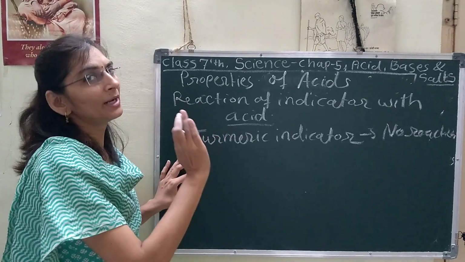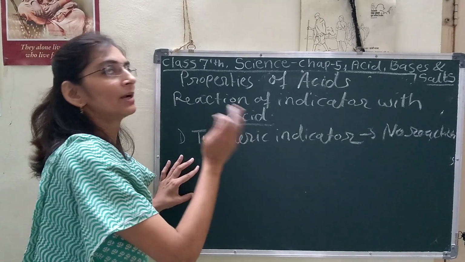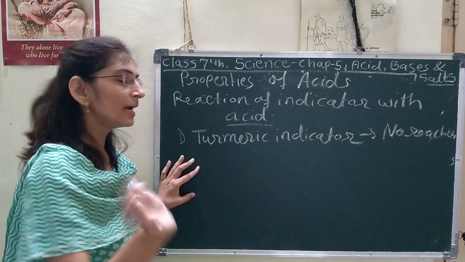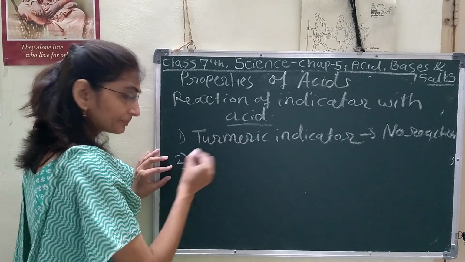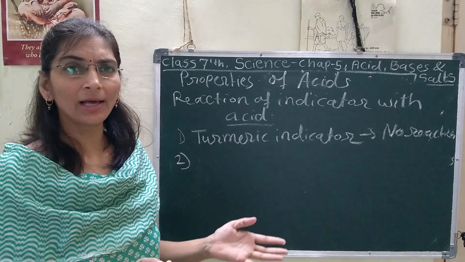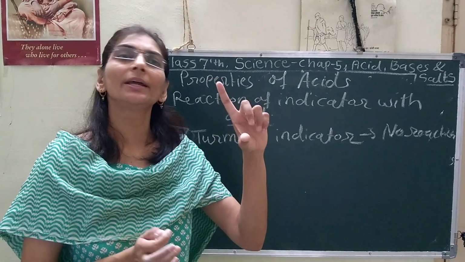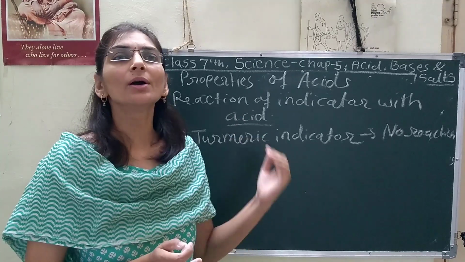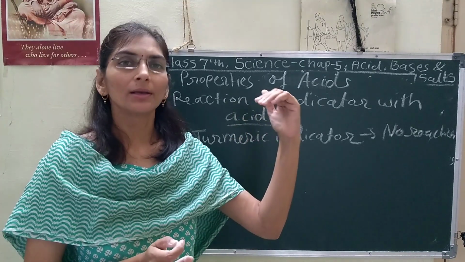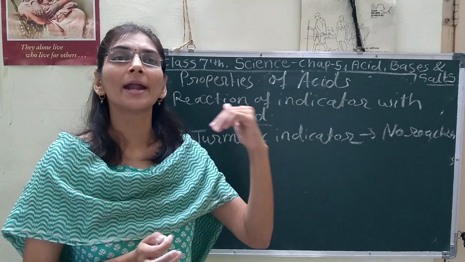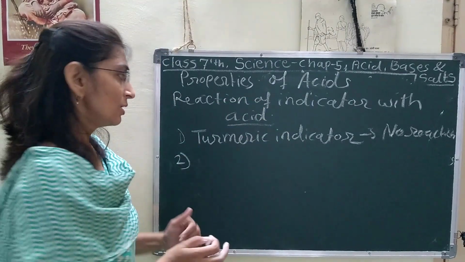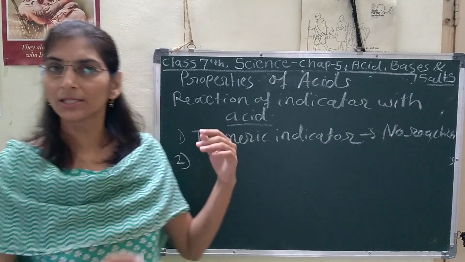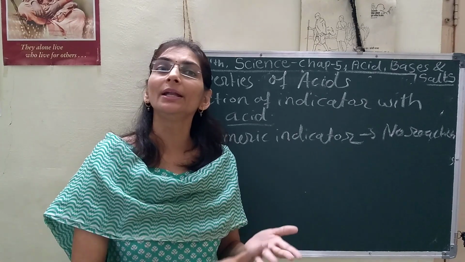That's why turmeric indicator yellow होता है, so it will remain yellow in color as it is. Second, with China rose indicator, what will happen? The China rose indicator is pale pink in color. So it will change into dark pink or reddish pink color.